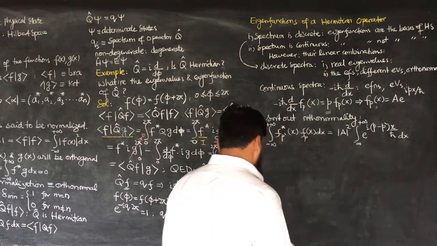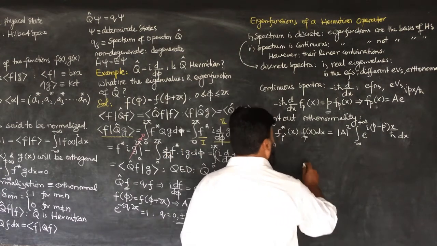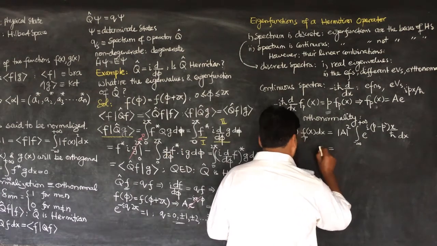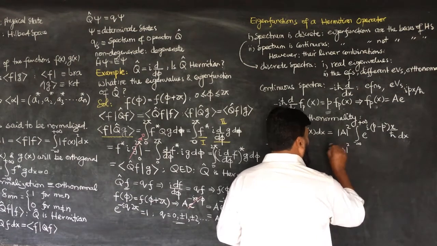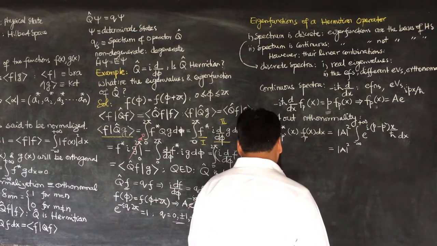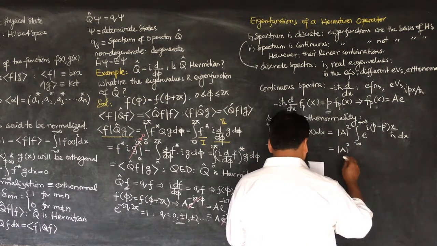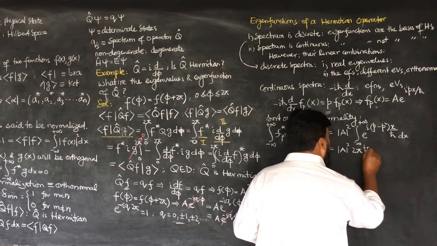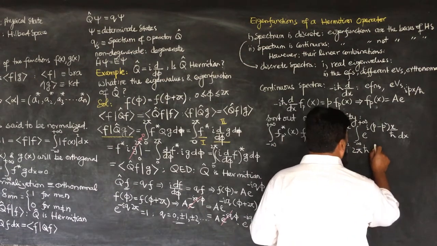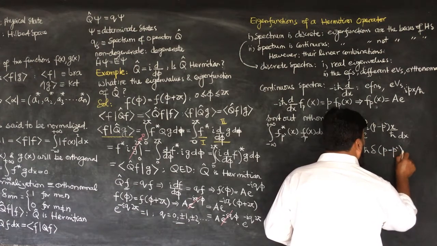So now this is one sort of orthonormality, because this thing is equal to A squared, and as we did with the Dirac delta function, I can write this in terms of the Dirac delta function, 2πħ δ(p - p').